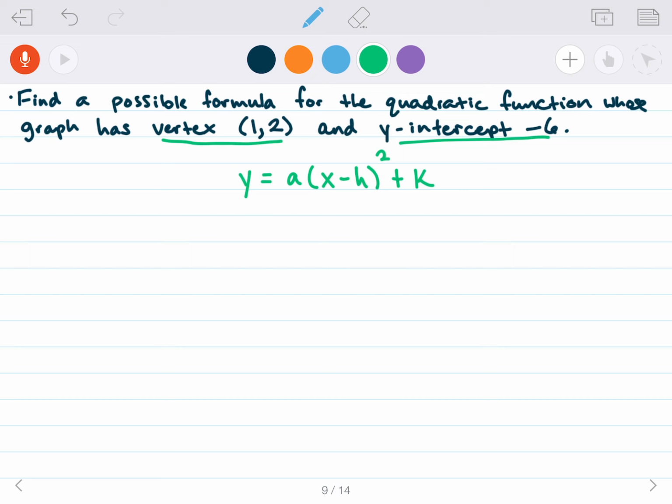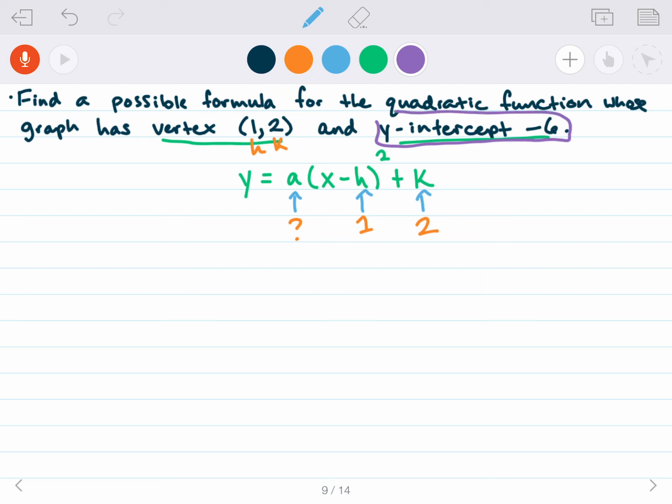So we want to get numbers for a, h, and k. Now, h and k were already given because the vertex is (1, 2), which means that h is 1 and k is 2. So we already have that piece. All we need to know is what is a. And we can figure that out from the second clue.